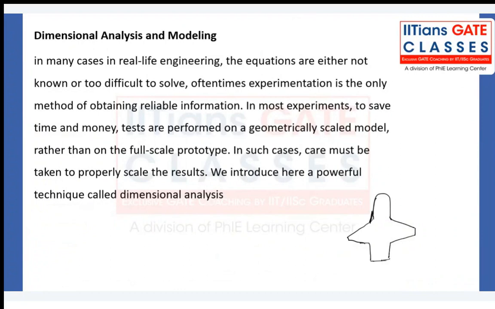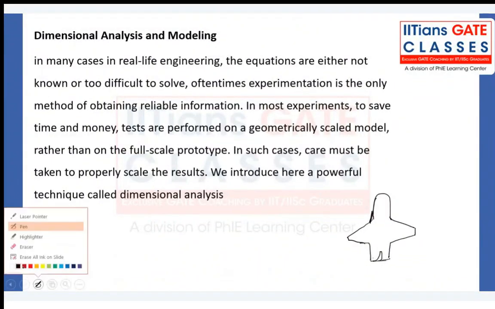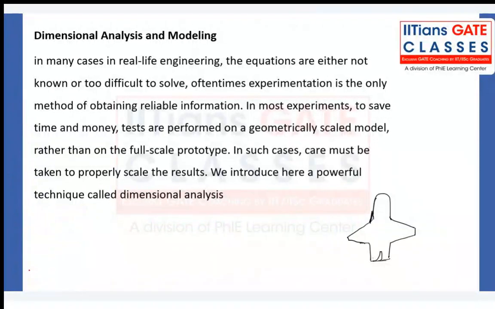And for example, we have these wings and all the control surfaces. Let's say this is a prototype and we want to do the analysis of this aeroplane.